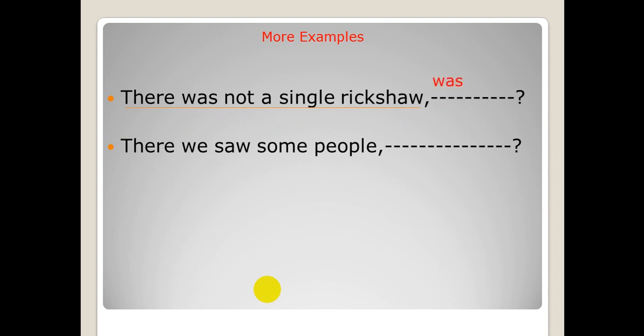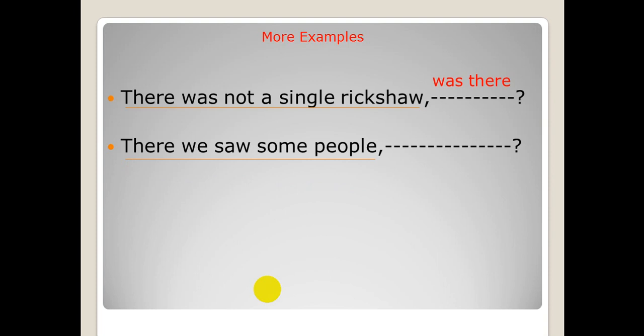So was will be here first. The sentence is negative, so of course the tag will be affirmative, and you need not add the word not. And of course the subject of the tag question will be there, which we will explain later on.